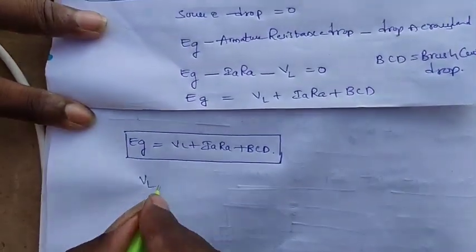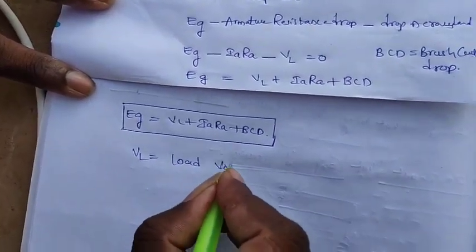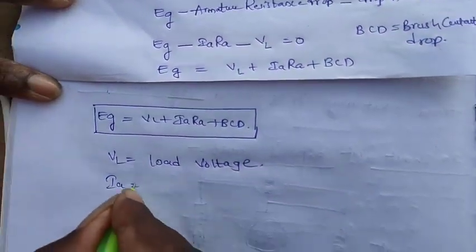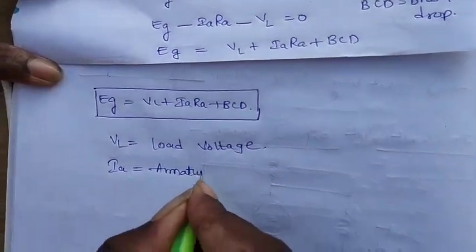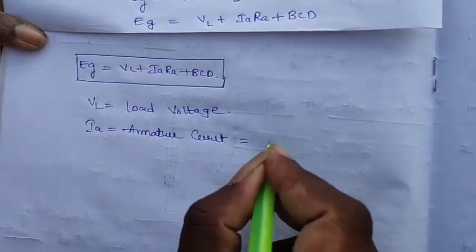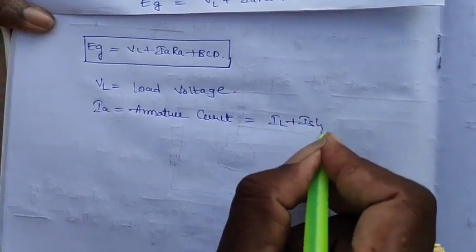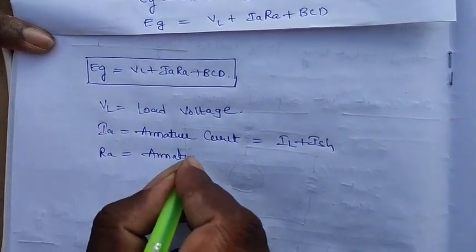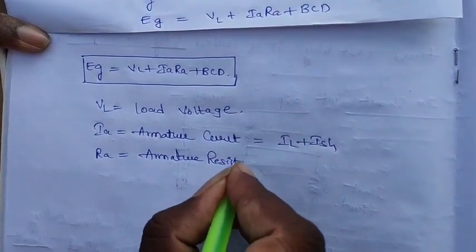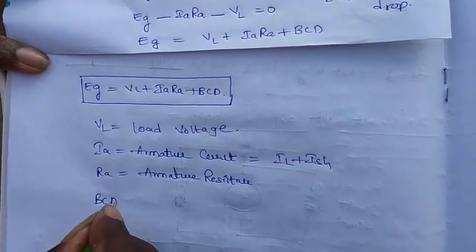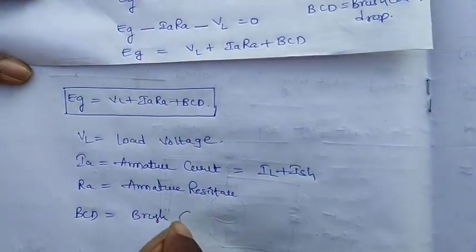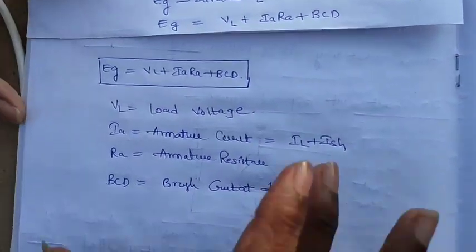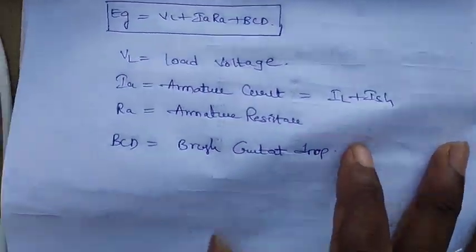Here VL is load voltage, IA is armature current, that is equal to IL plus ISH. RA is armature resistance, BCD is brush contact drop. This is the voltage equation in shunt generator.